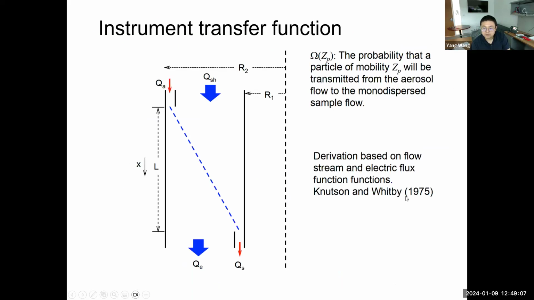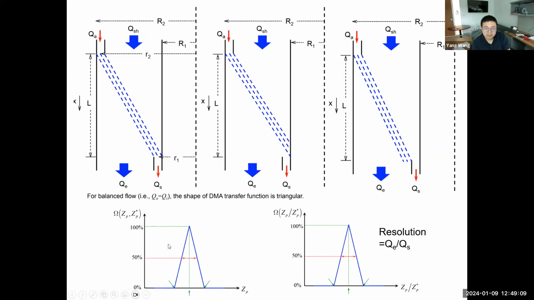So from this derivation, you'll find that the transfer function of the DMA has a triangular shape, where the mobility corresponding to this specific voltage has the highest probability of getting classified. And near this centroid mobility, to the left or to the right, particles can also get classified.